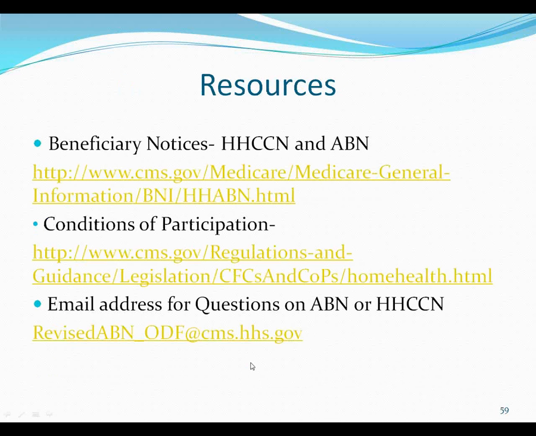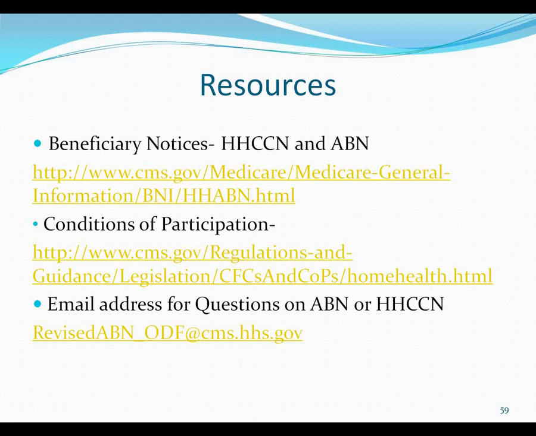So that's it. I wanted to give you some resources. This first bullet, the beneficiary notices, HHCCN and ABN. When you click on this website, it takes you to the beneficiary notice page.